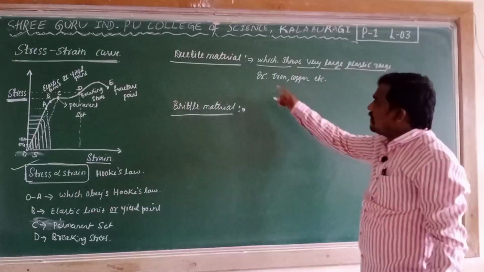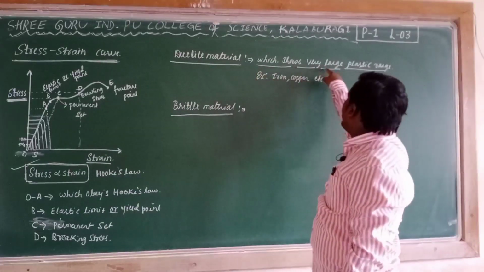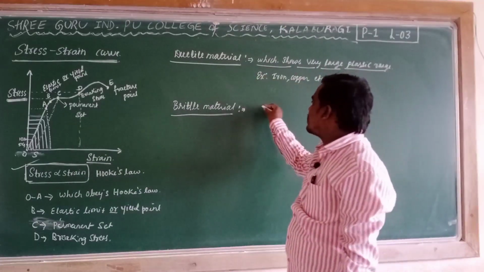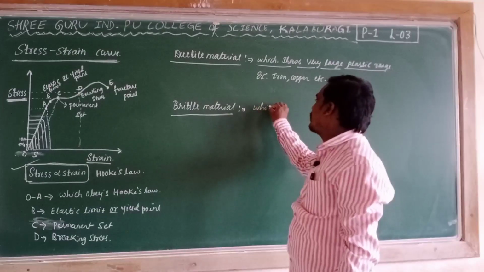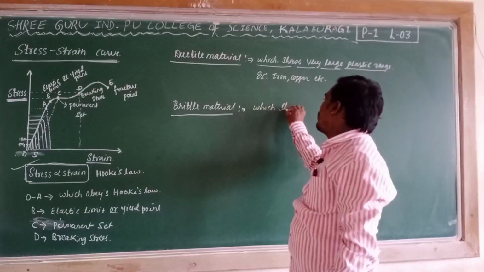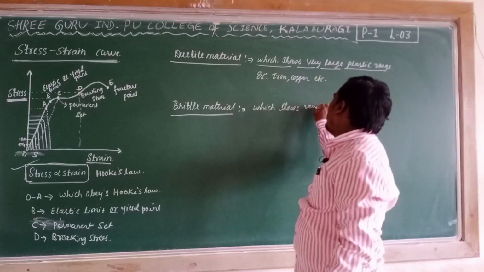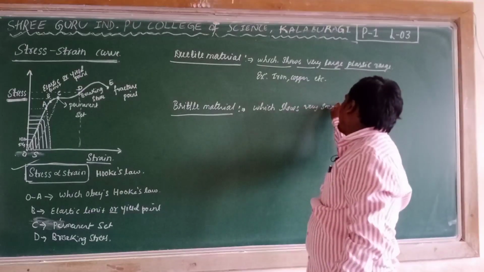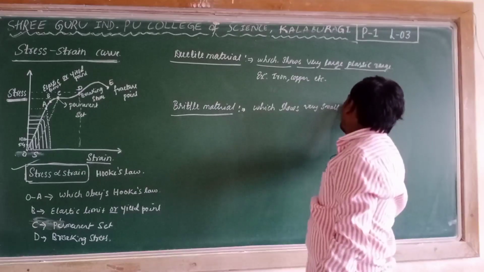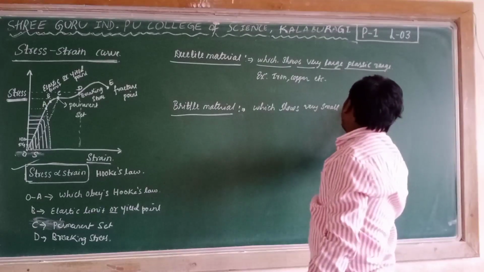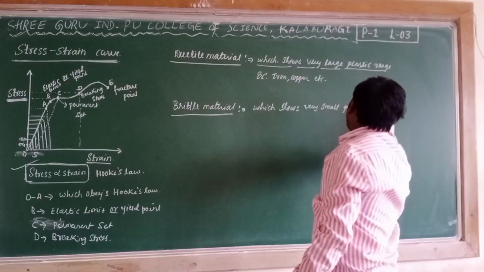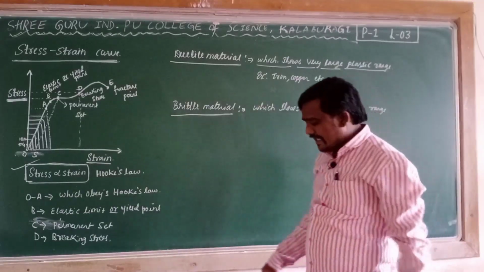Here ductile means which shows a very large plastic range. Brittle means which shows a very small plastic range beyond the elastic limit.